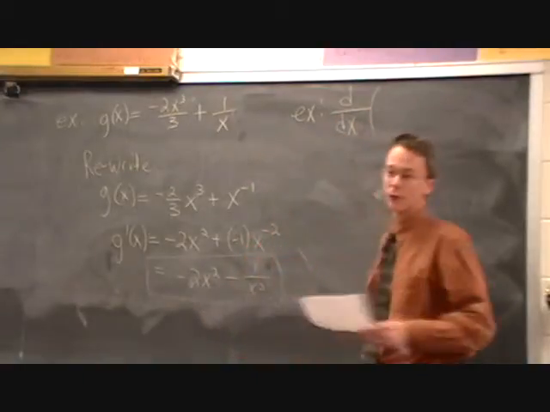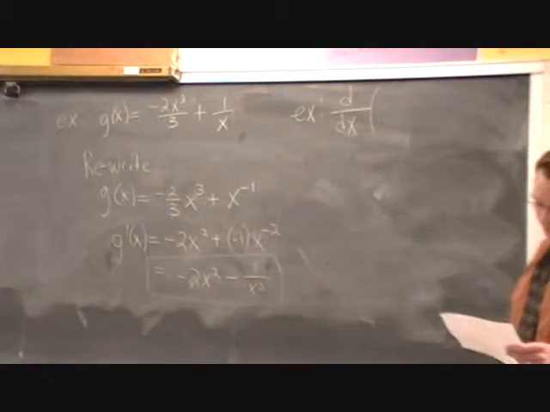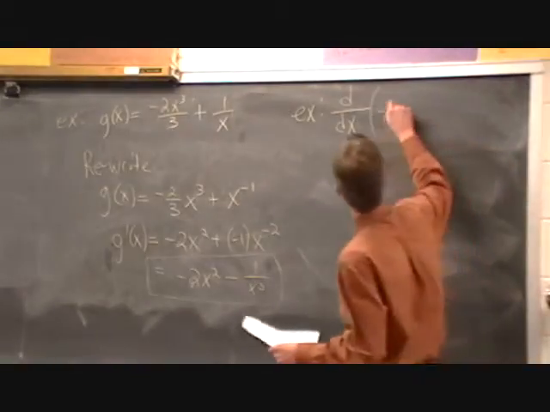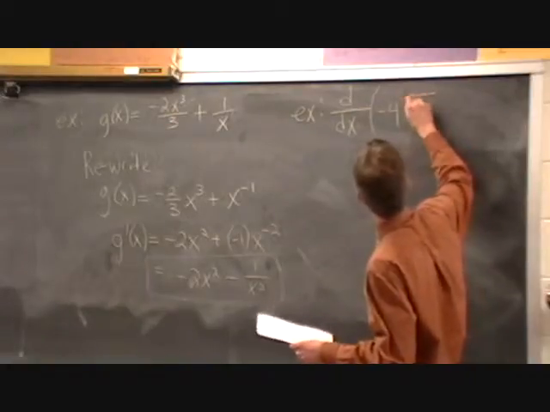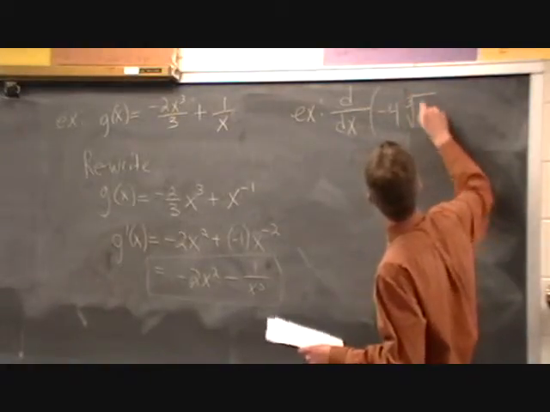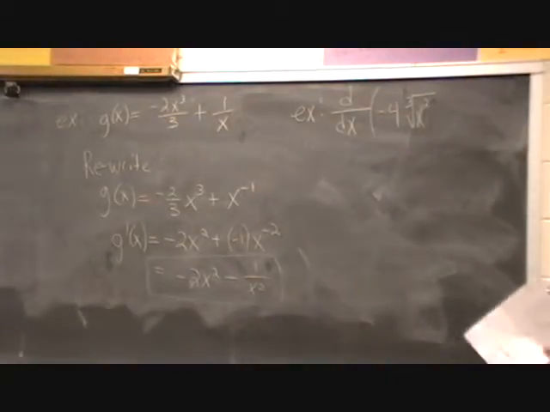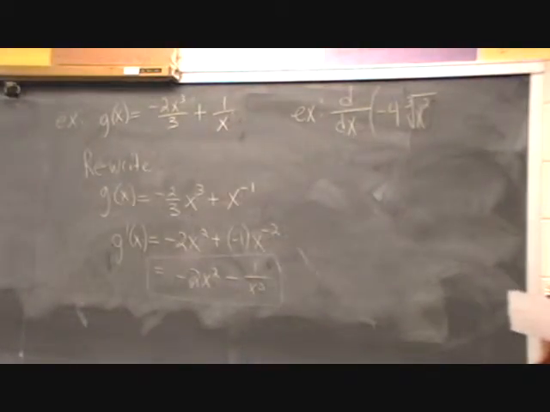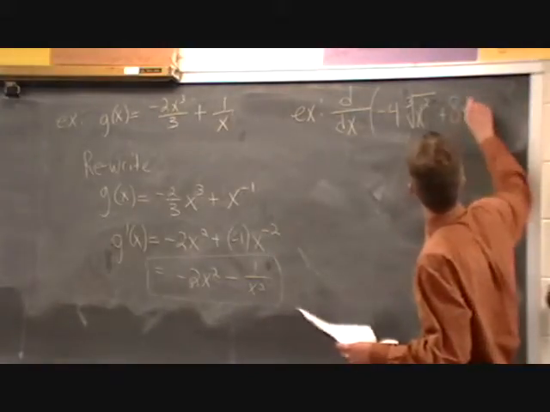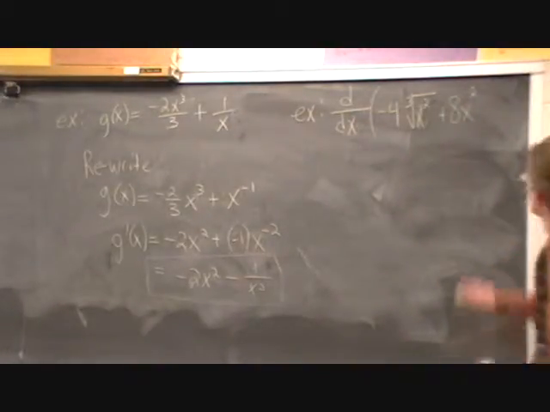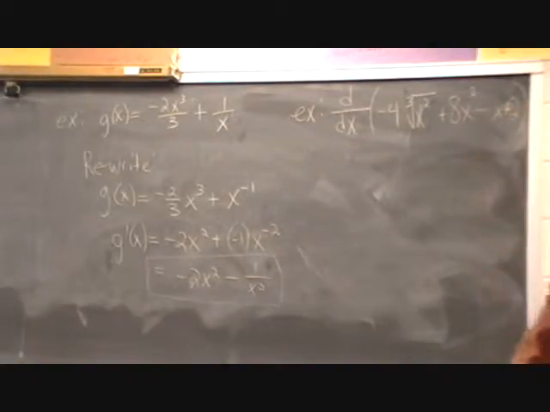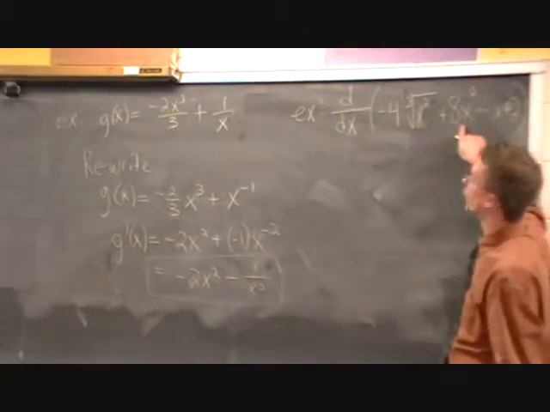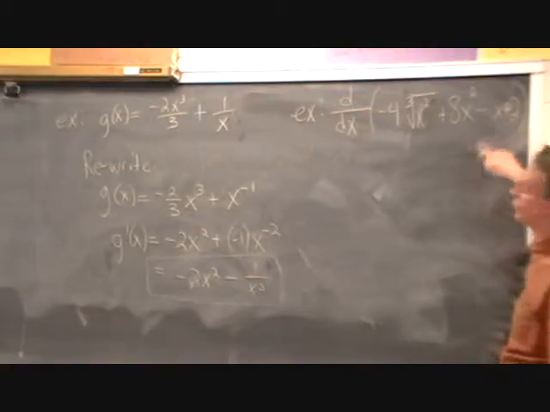Let's do the derivative with respect to x of negative 4 times the cube root of x squared plus 8x squared minus x plus 2.